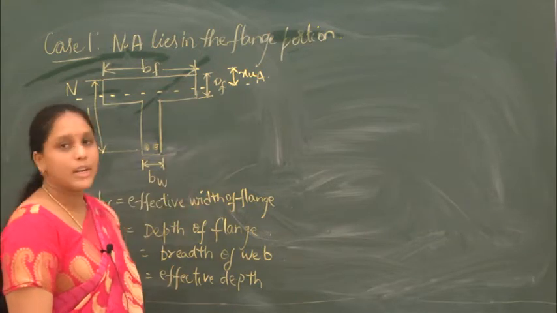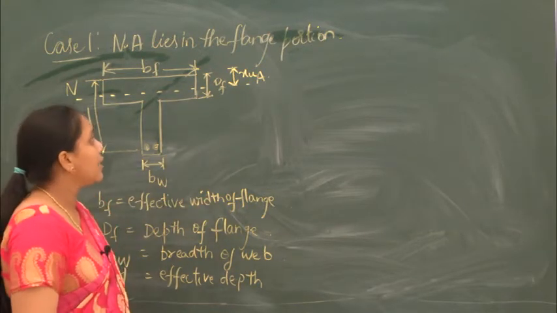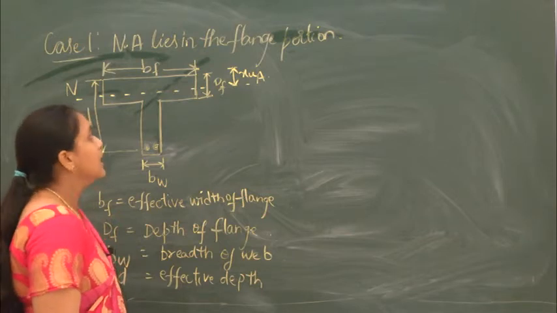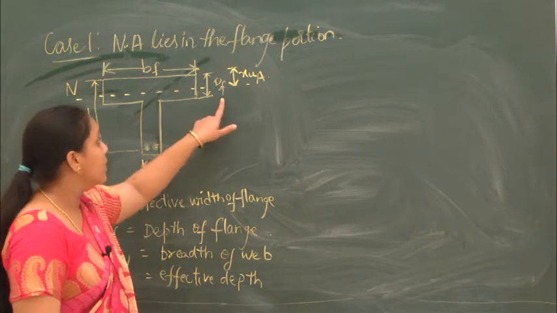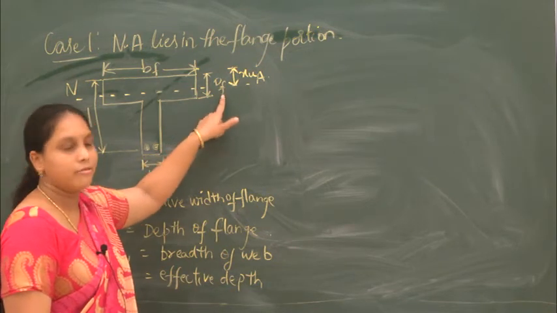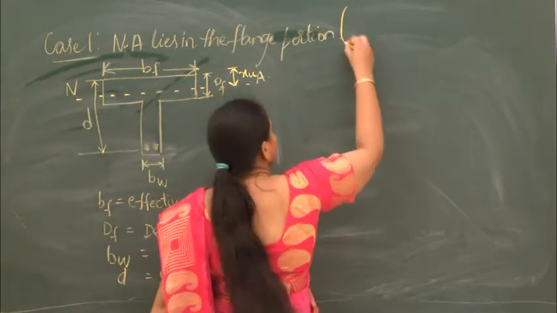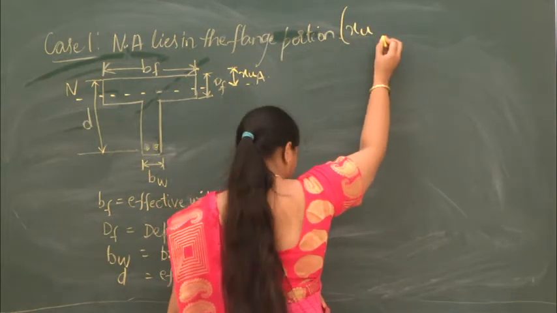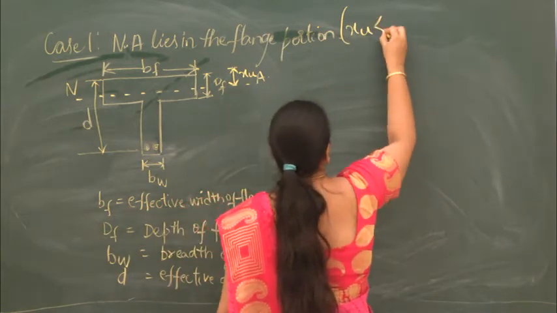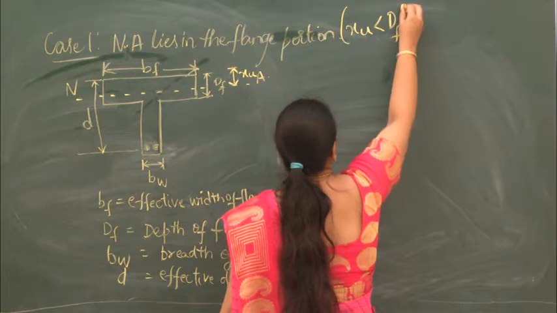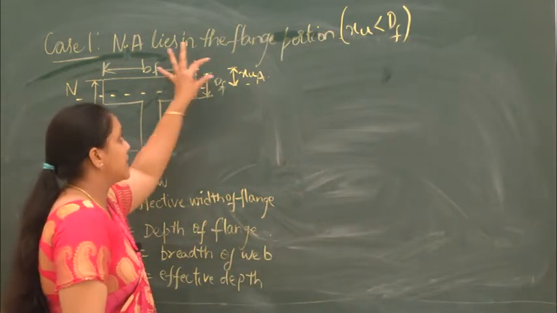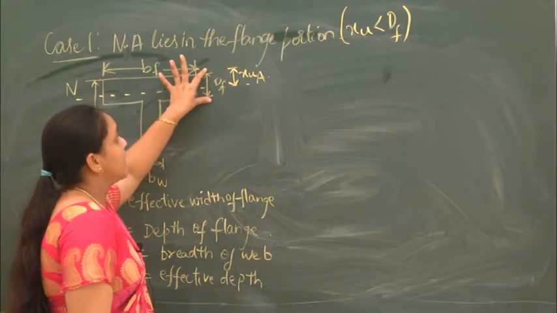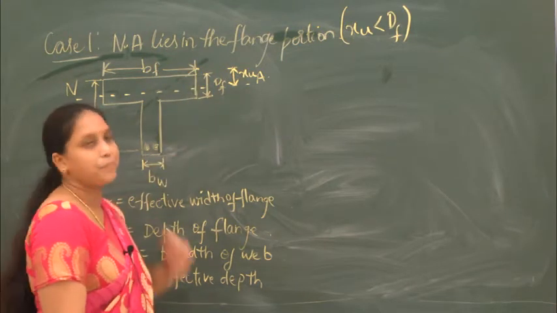So what can you write down from this? That is, XU is less than DF. That is, the neutral axis depth is less than the depth of the flange.